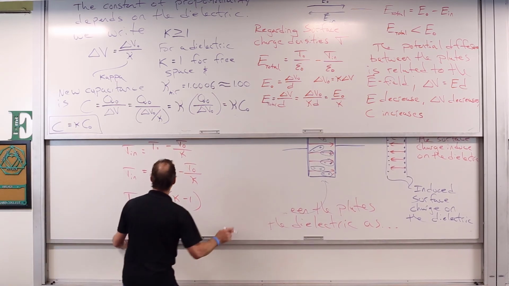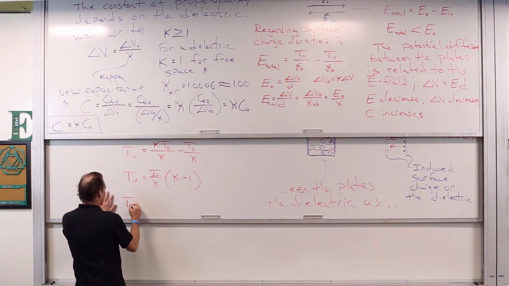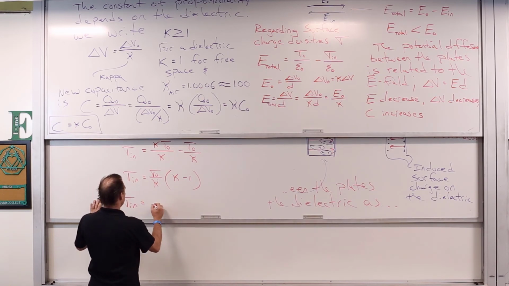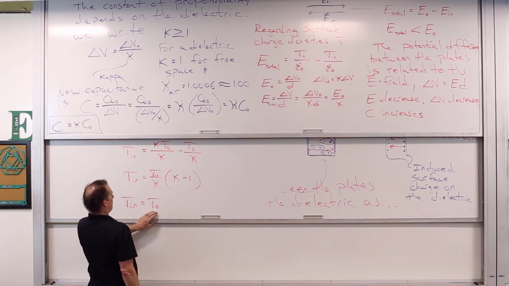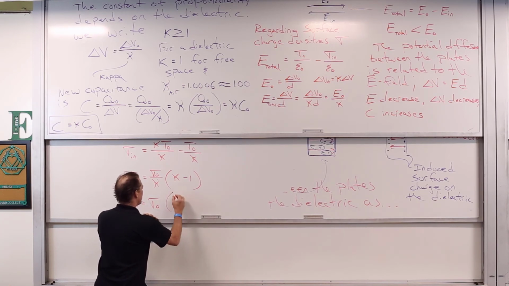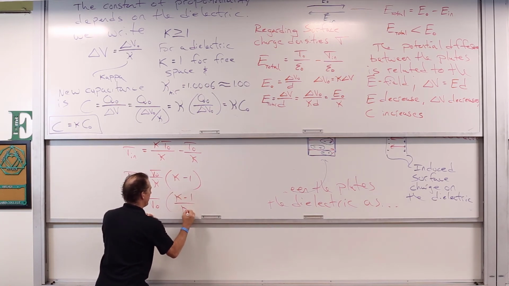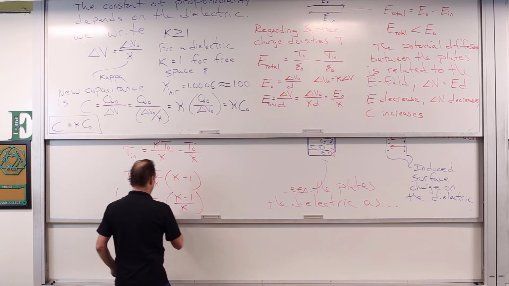Or sigma induced is equal to what we started off with. It's sigma 0 times kappa minus 1 over kappa. That looks a little bit cleaner there.